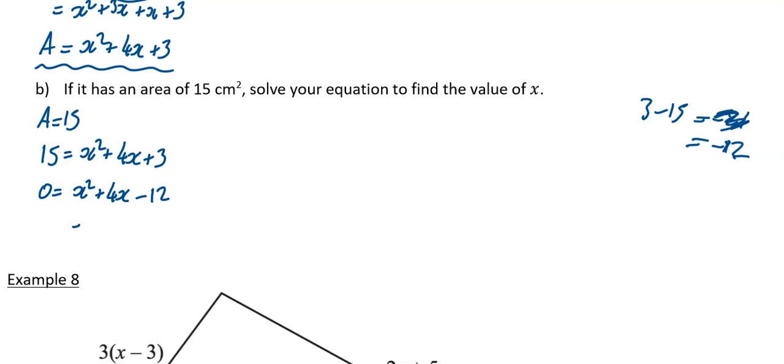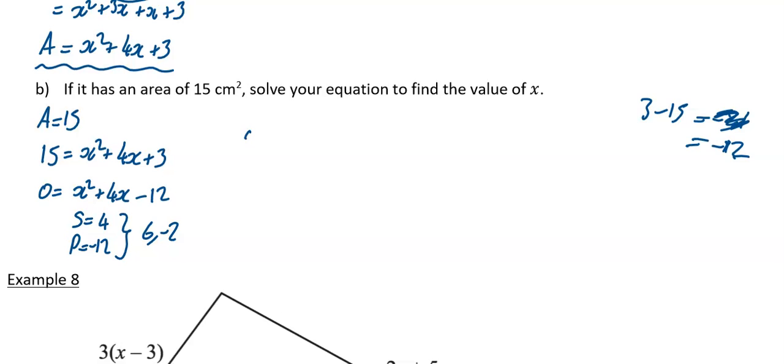Now this is a quadratic. The sum is the number that's multiplying the x, so the sum is 4, and the product is minus 12. So you've got to think of two numbers such that they add to give 4, and they multiply to give minus 12. So those two numbers are 6 and minus 2.